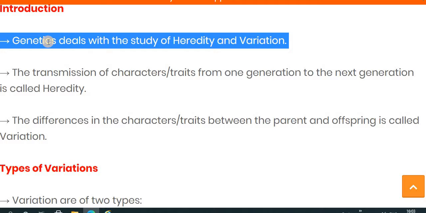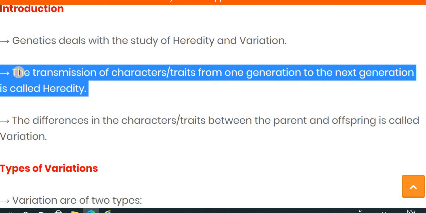So due to that, variation arises. Genetics deals with the study of heredity and variation. The transmission of characteristic traits from one generation to the next is called heredity.